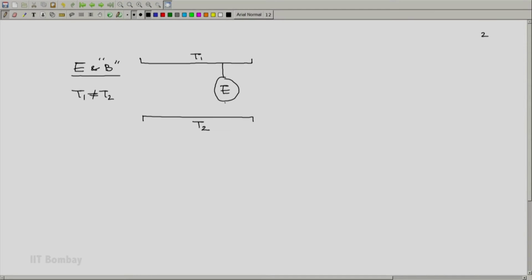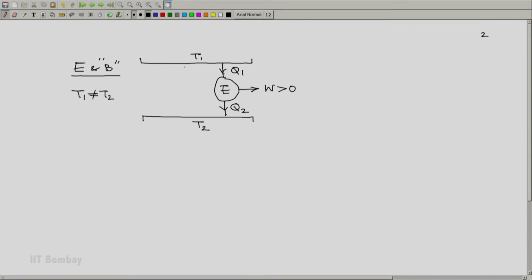Now, let us consider the other combination. Let us consider E and B, and let us see what happens. E and B means we have the two reservoirs T1 and T2, and it is given to us that an engine is working between them as before.